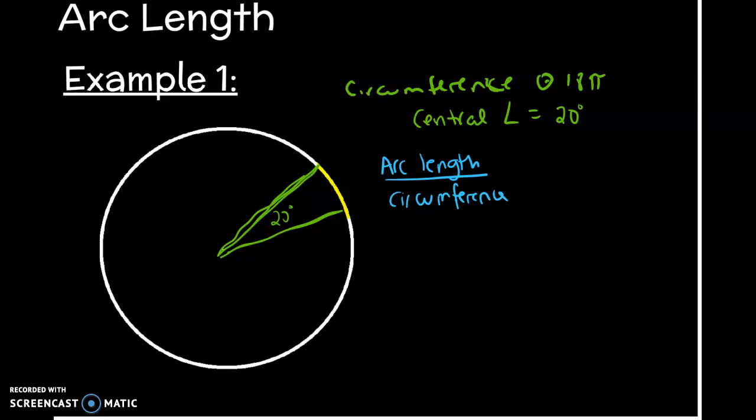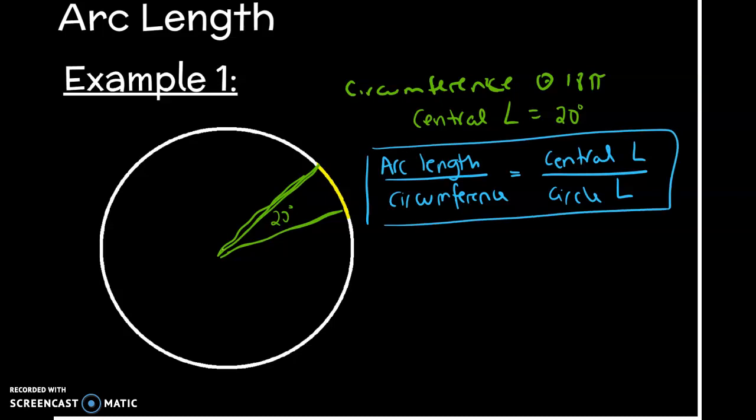Because the arc length is a portion of the circumference. Remember, part over whole: the part is the arc length, and the whole is the circumference. And then we're going to be setting it equal to the central angle, which is a part of the whole circle angle. So circle angle, which is always going to be 360. So this right here is the proportion that we are going to be looking at.